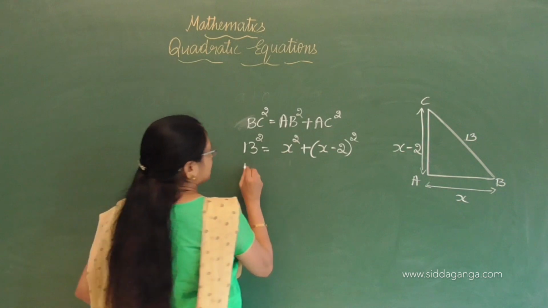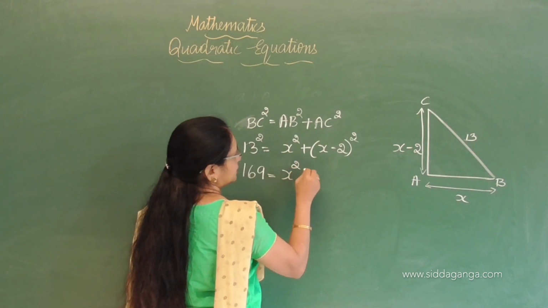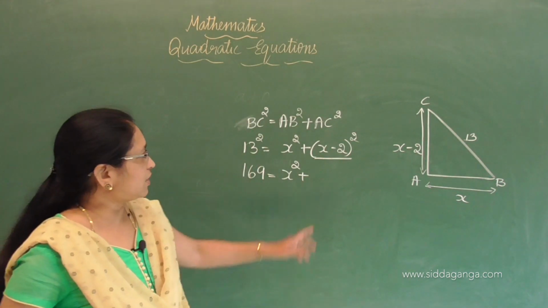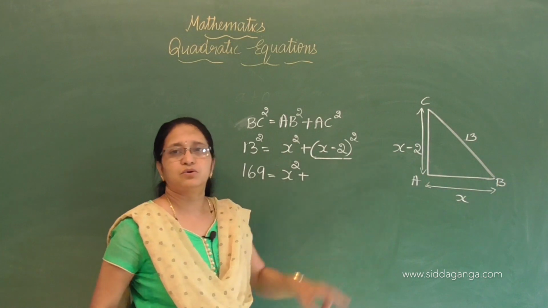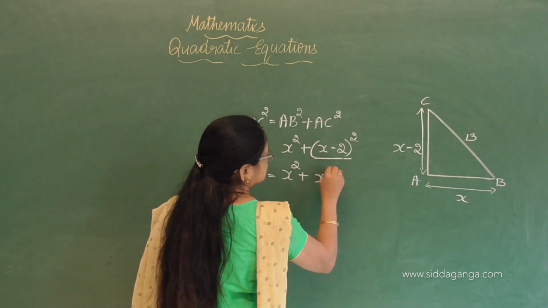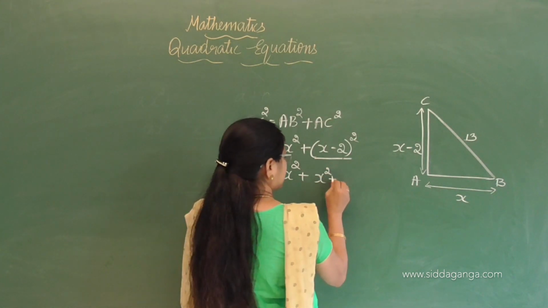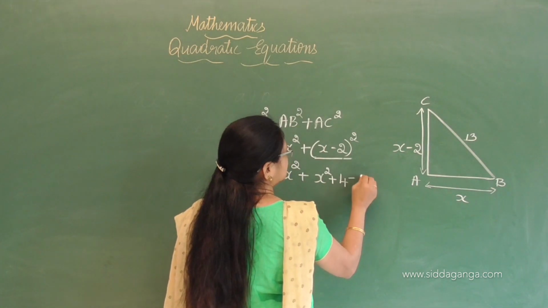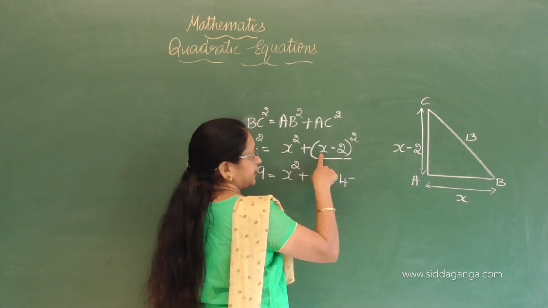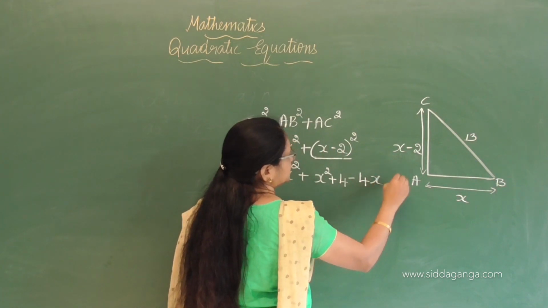Now if you try to solve this, it will be x square plus, and observe this is in the form of a minus b whole square, which you all know is a square plus b square minus 2ab, and here 2ab is 4x. I hope you understood this.